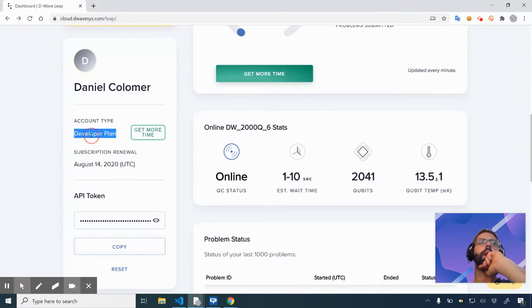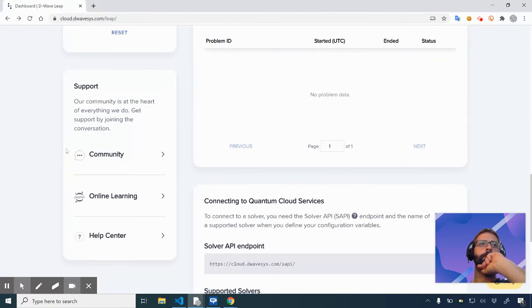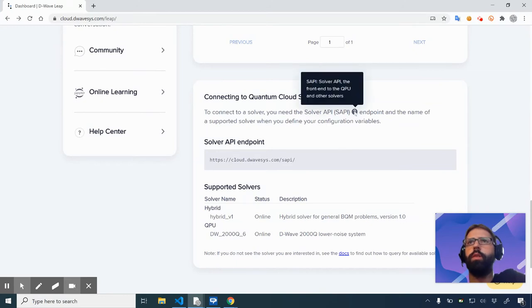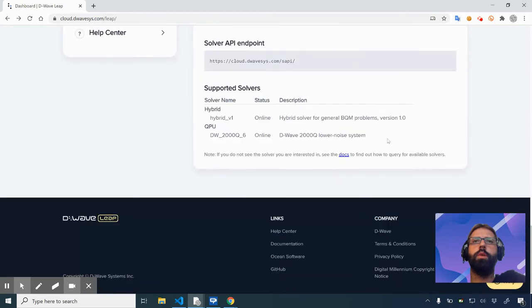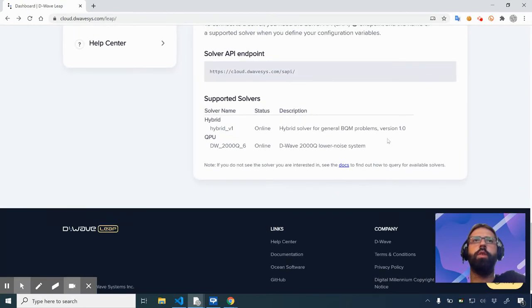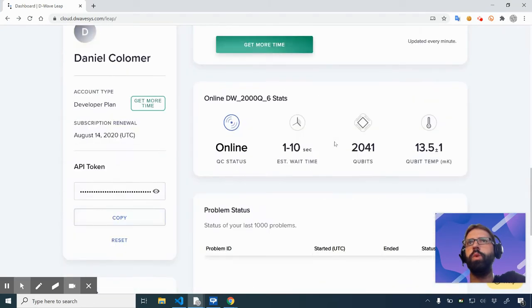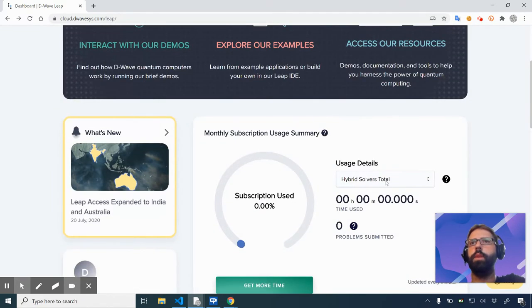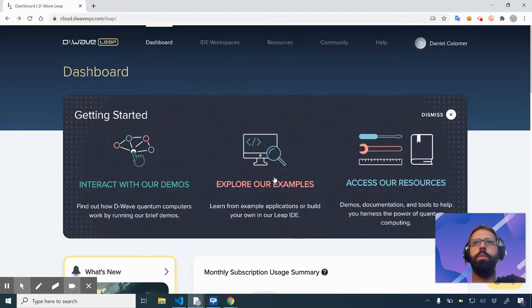Now I have a developer plan. There's some online learning community and whatnot, connecting to cloud services. Then we have a solver. What is a solver? The front end of the solver is hybrid. Okay, so this seems to be just a bunch of solvers you can access, and also a QPU. I don't know what we're going to need for the portfolio optimization problem.